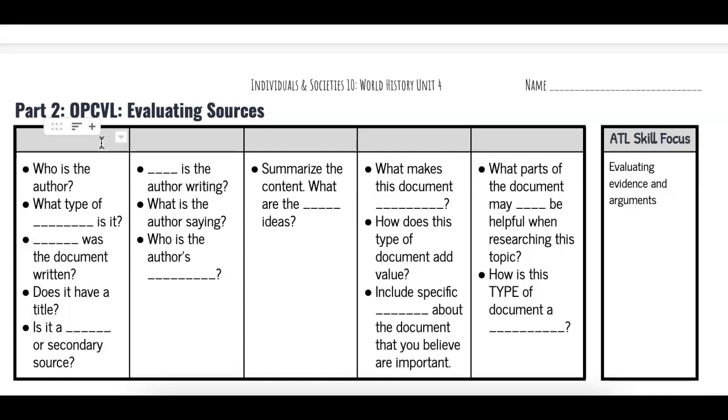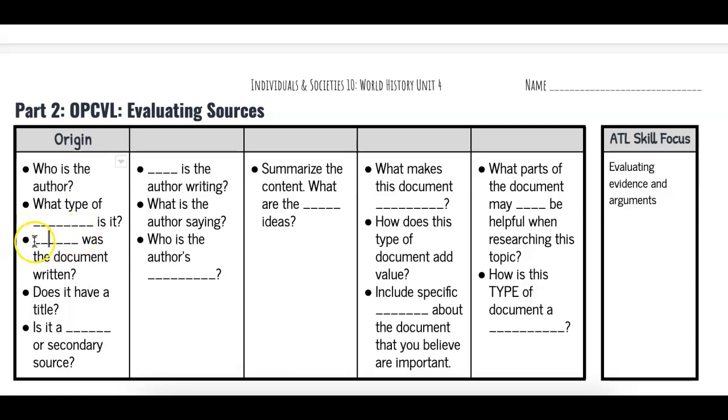So the O in OPCVL stands for origin. Where did something come from? What is the background? What's the context? As we go through, we would answer and think about these questions. Who is the author? Who wrote it? What type of document is it? Is it a newspaper? Is it a diary? Is it a speech? Is it a law? What is it?